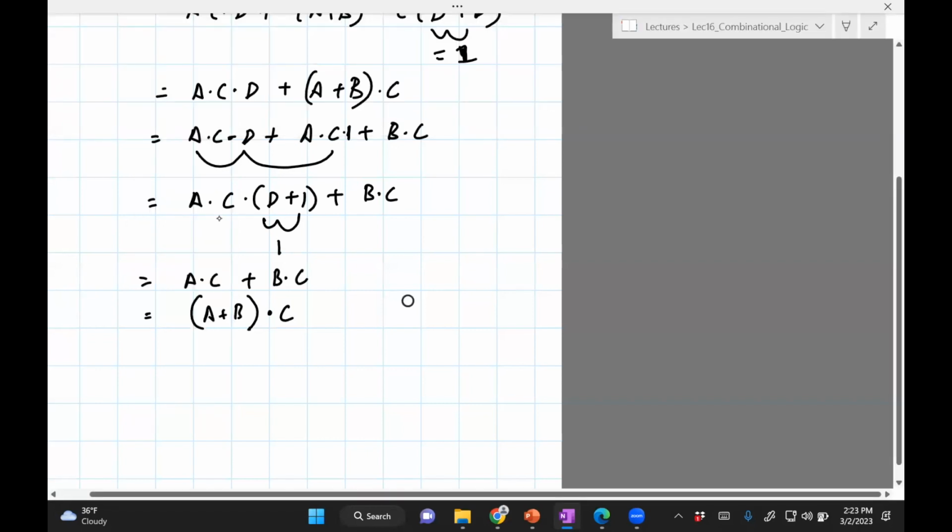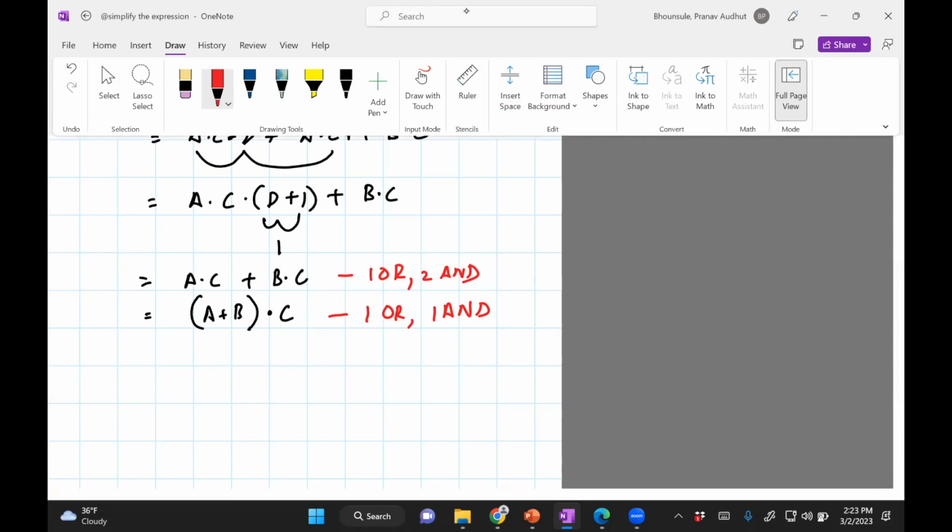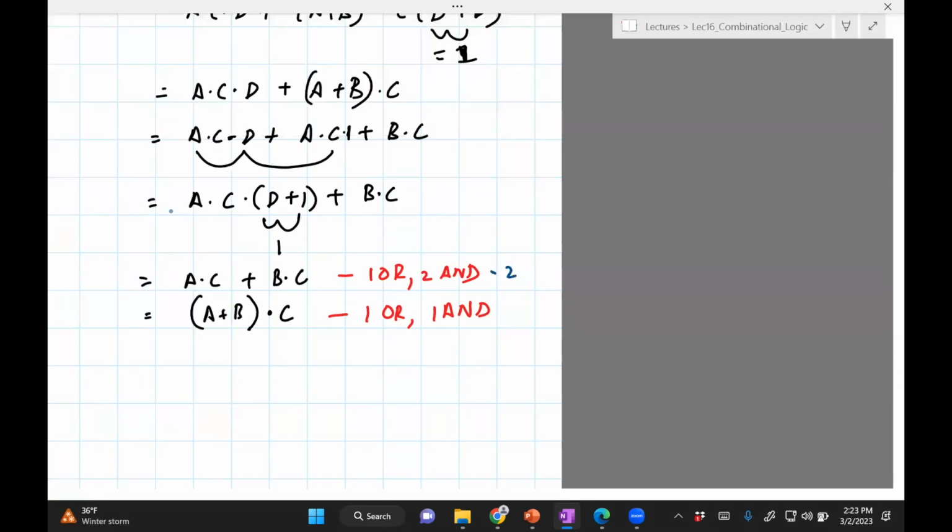This would be 1 OR, 2 ANDs, and 1 OR. Okay, so the first one requires 2 chips, or 2 ICs. This one also requires 2 ICs.